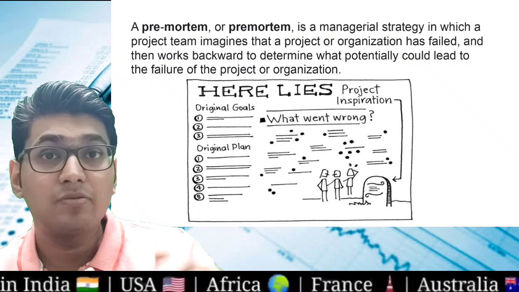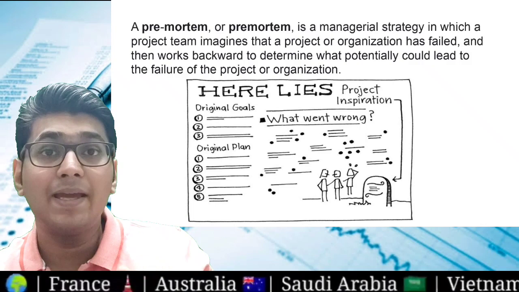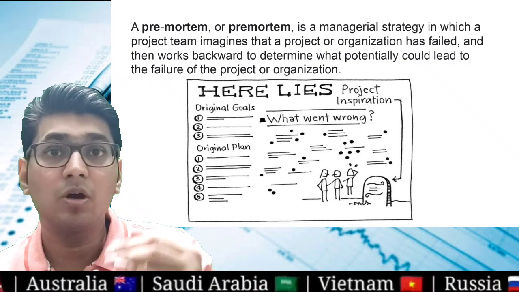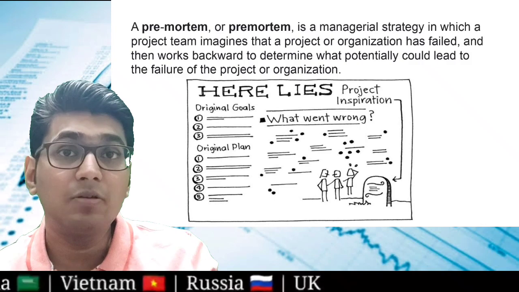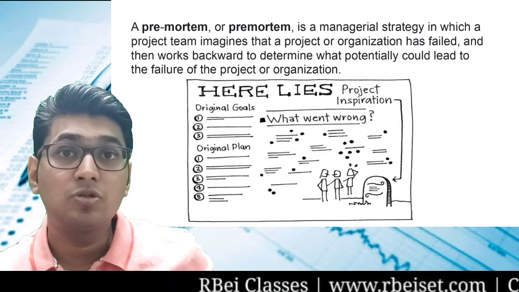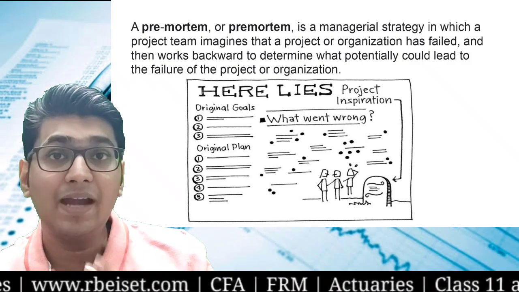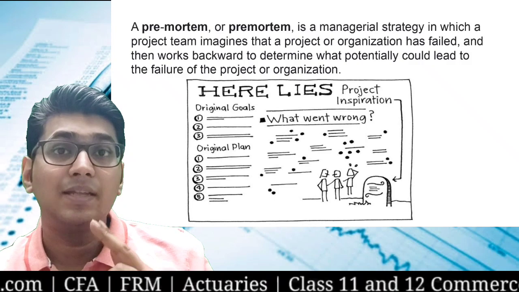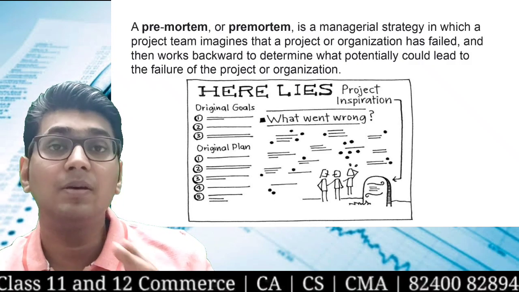Right now I am standing here, but I am assuming that my system got hacked. Now what I am trying to do is find out the reason, what makes the hackers hack the system, so that I can put a control over there, and even if it got hacked, I won't stop the operations.